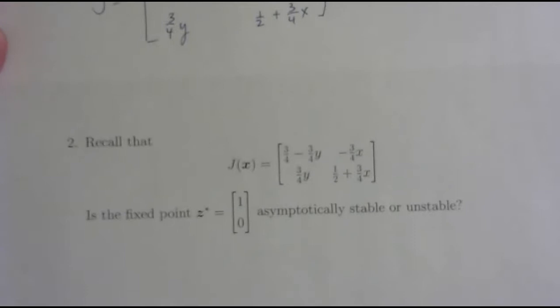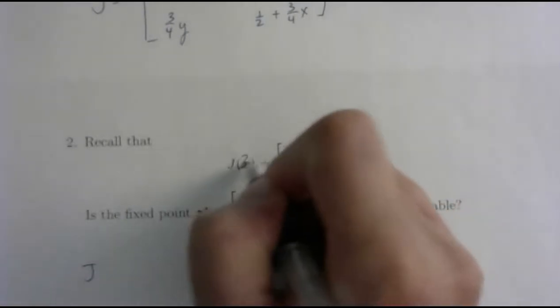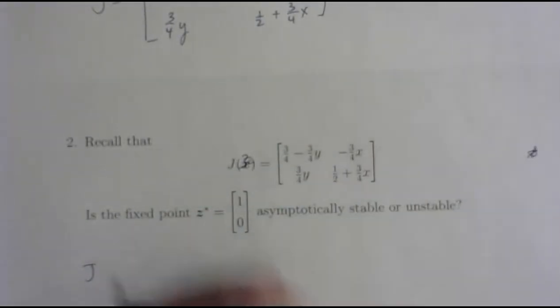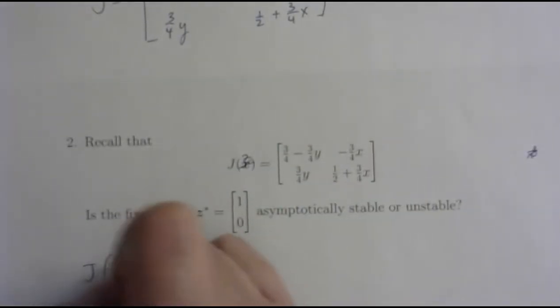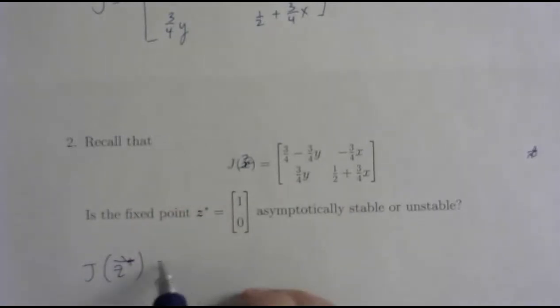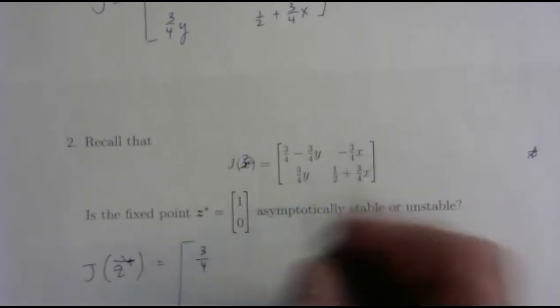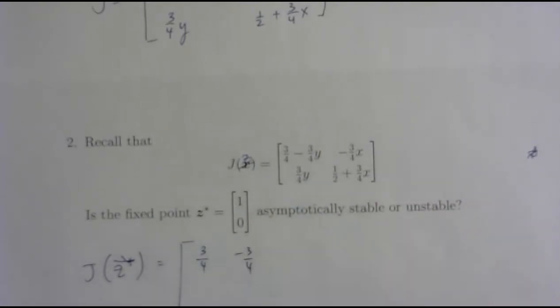So is the fixed point at (1, 0) asymptotically stable? So what's the Jacobian at z star? 3/4 minus 0, minus 3/4, 0, and 1/2 plus 3/4.